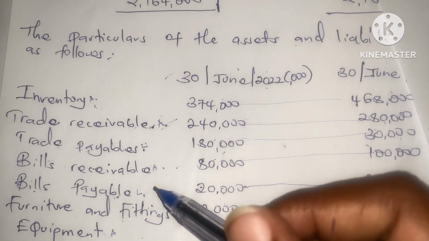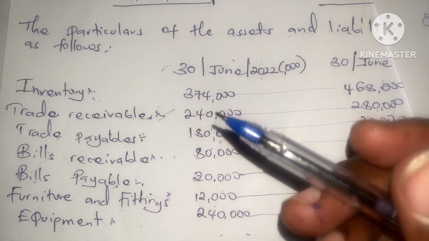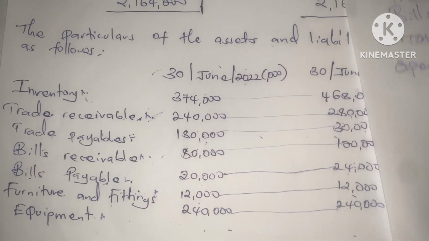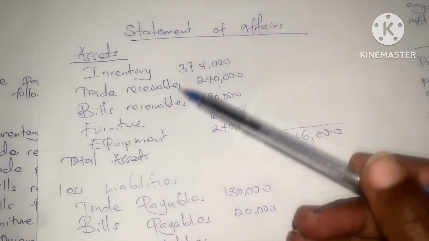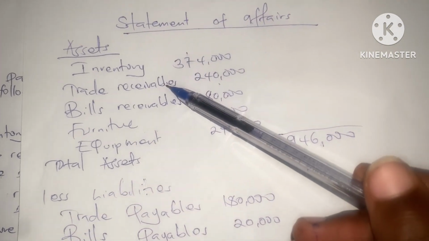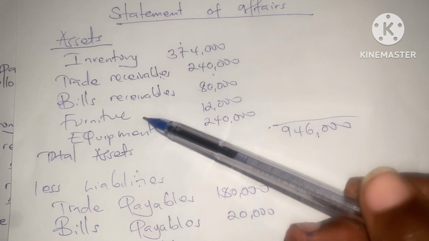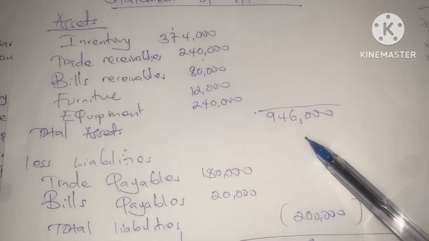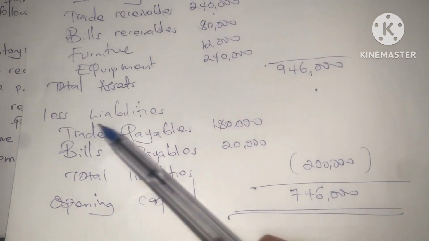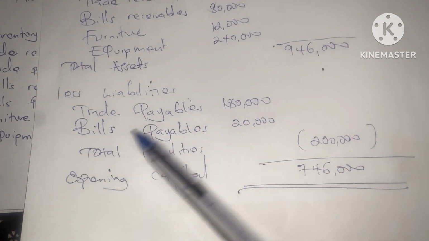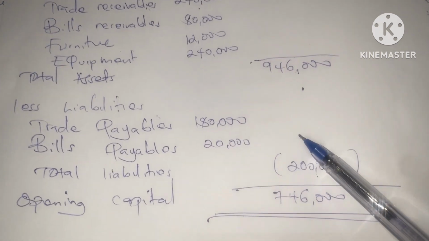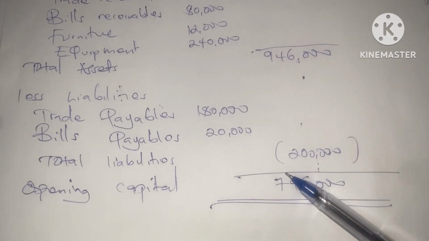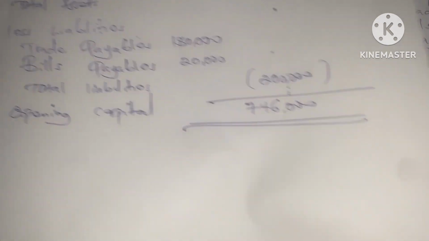So we get the total assets minus the total liabilities, we get our opening capital. So assets, these are the assets: inventory, trade receivables, bills receivables, furniture, equipment. Then their total is here. Then we list liabilities, trade payables, then bills payables, which is that. So this minus that, what we get is the opening capital. So that's how we get it.